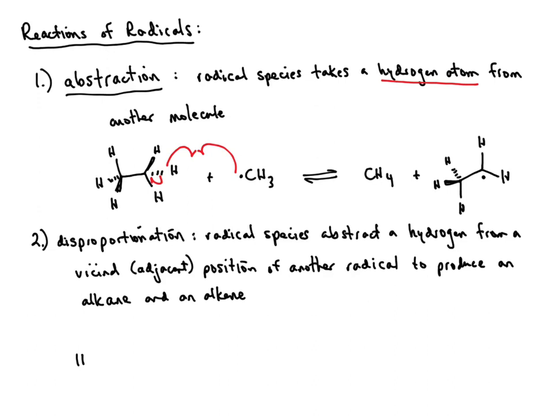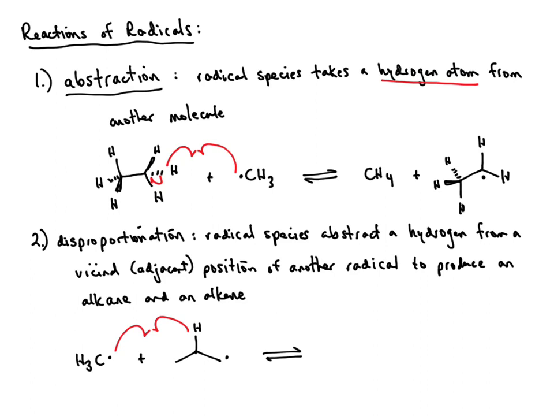Okay, so let's say we have a methyl radical, and then we have, in this case, an isopropyl radical. These two radicals can come together and undergo a disproportionation reaction. This methyl radical is going to abstract the hydrogen that's sitting on the adjacent atom to the carbon bearing that radical.